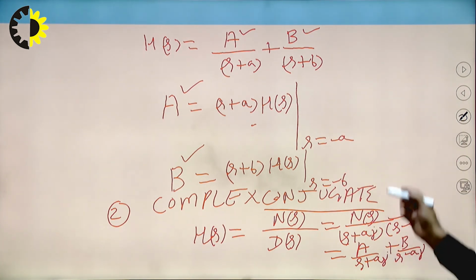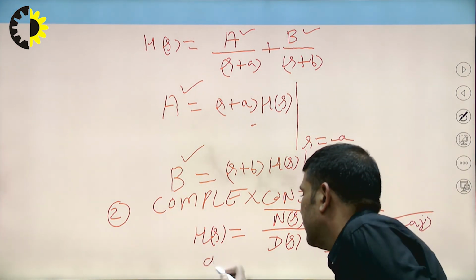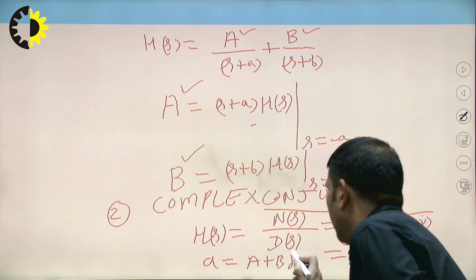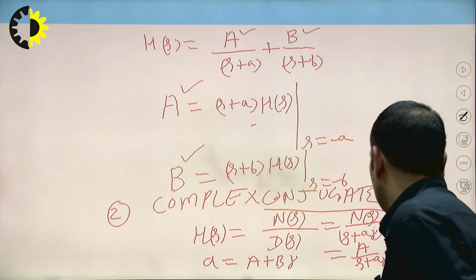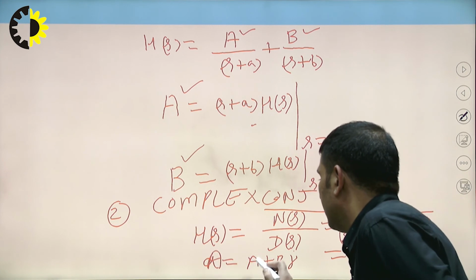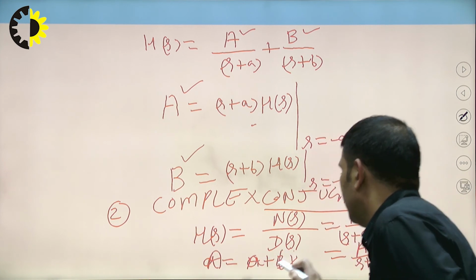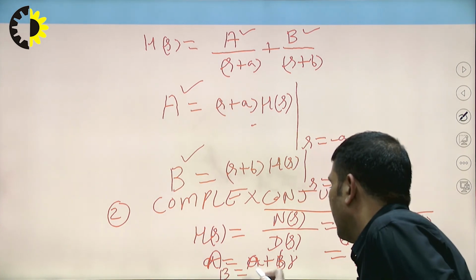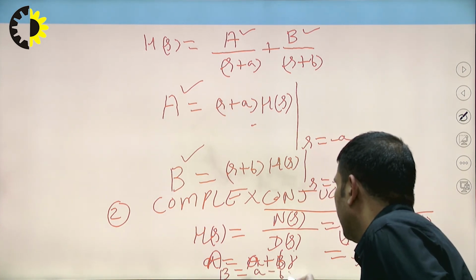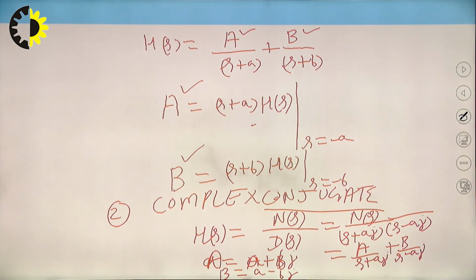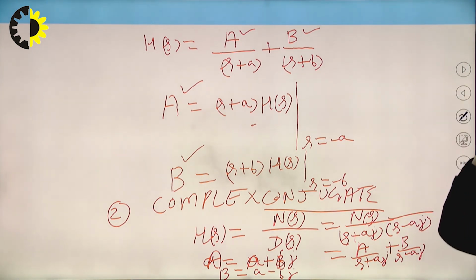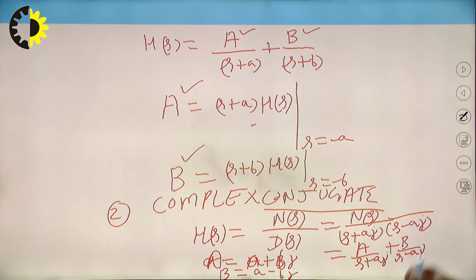Suppose A here comes out to be, suppose, a plus bj. Then B will be equal to a minus bj. j is the square root of minus 1. Okay, so this is the complex conjugate case. If the poles are complex conjugate, then just find out only one. The second one will be the complex conjugate of the first one.